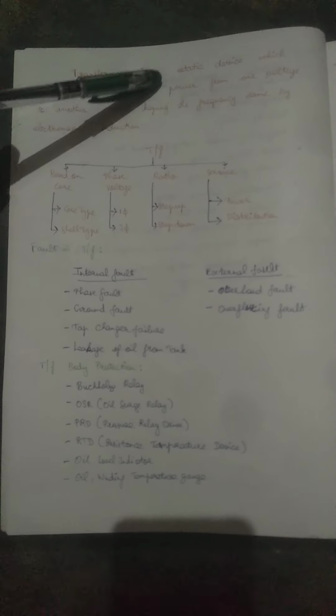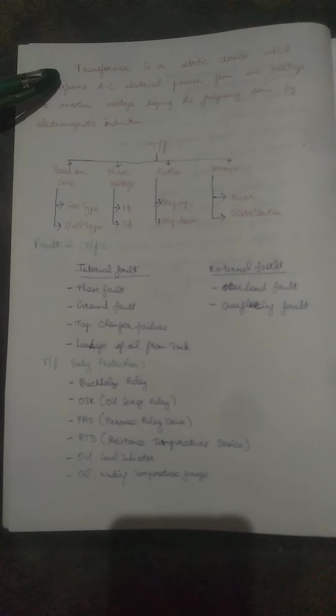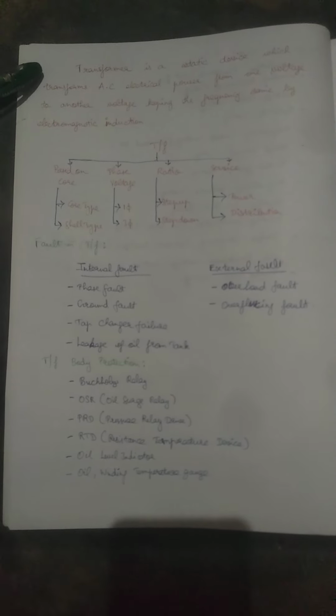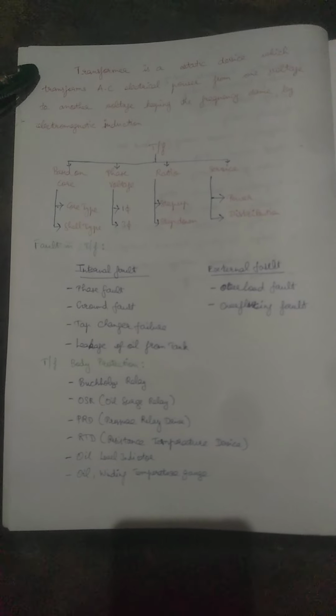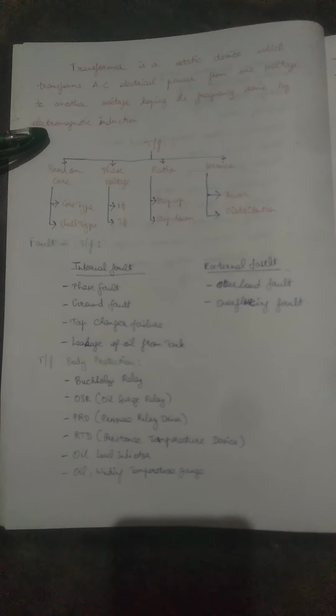Static means there is no movable part in a transformer, which consists of a primary winding, secondary winding, and cores. Within this, by the mutual induction principle, the transformer works.